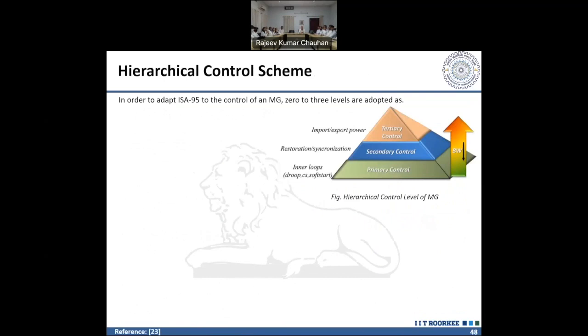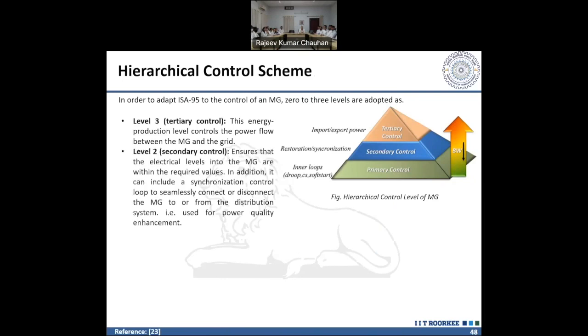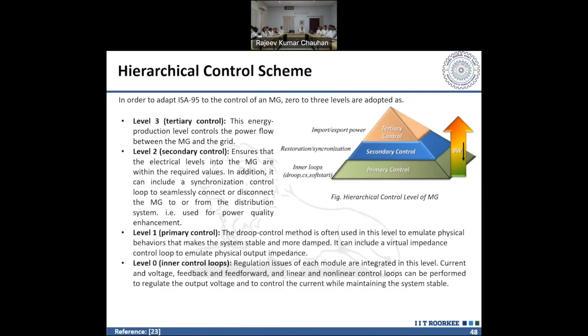The total microgrid control we normally divide in three categories: primary, secondary, and tertiary control. In addition, here we have level 0. Level 0 is totally going to the individual component, so that is not of very much use here.